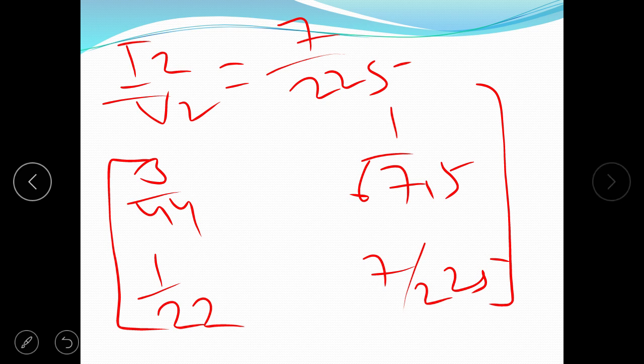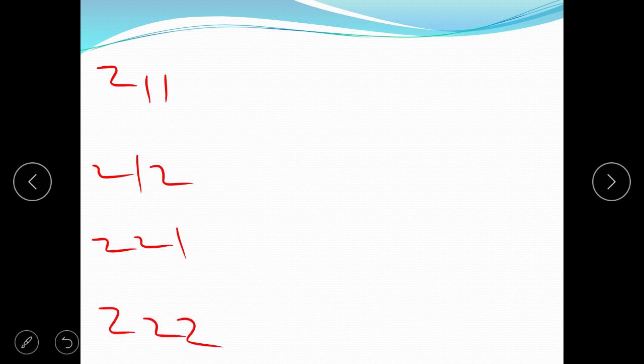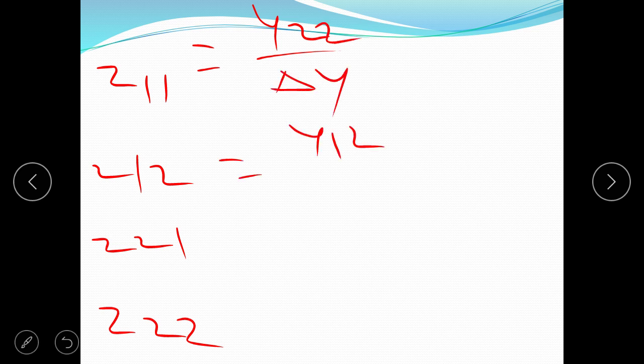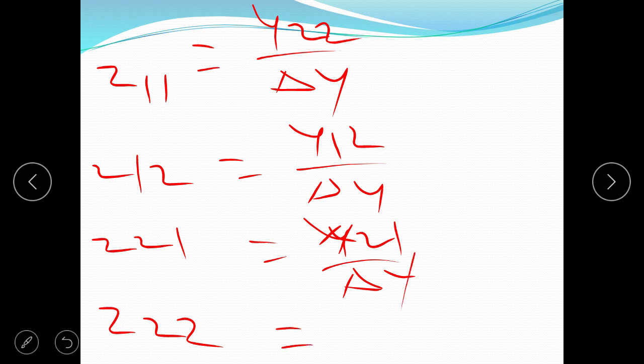So from these parameters we can obtain Z11, Z12, Z21 and Z22, which are Y22 upon del Y, Y12 upon del Y, Y21 upon del Y, and Y11 upon del Y. Now applying the formula, we can calculate the Z parameter matrix in terms of Y parameter.